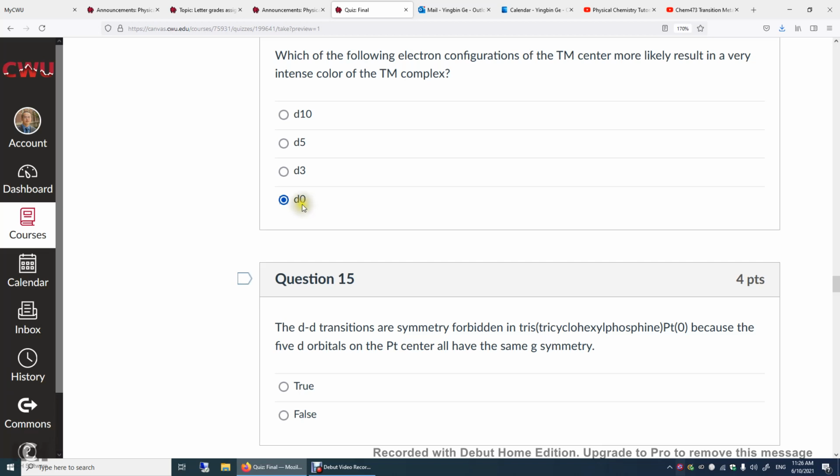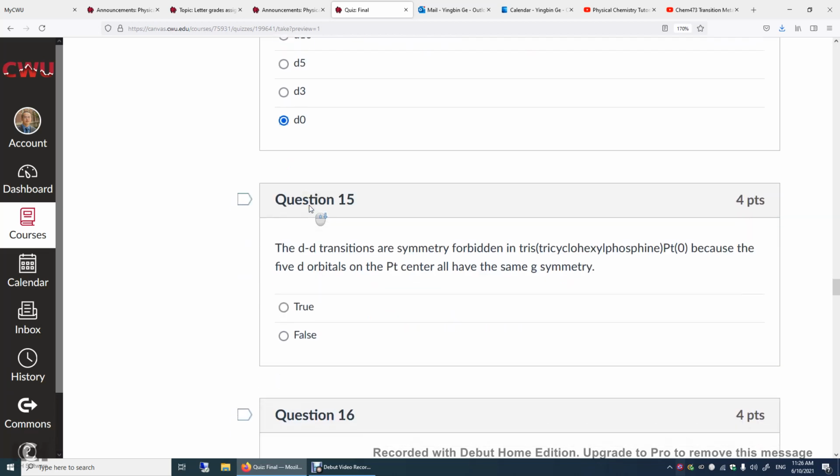This manganese has +7 oxidation number, that means 0 d electrons, and it has a very intense color. Because electronic transition in this permanganate involves electron transfer from the ligands, oxido ligands, to the manganese transition metal center.